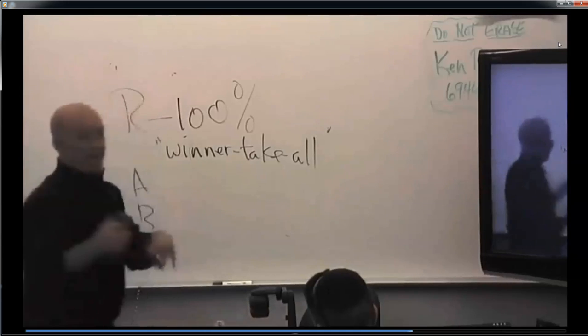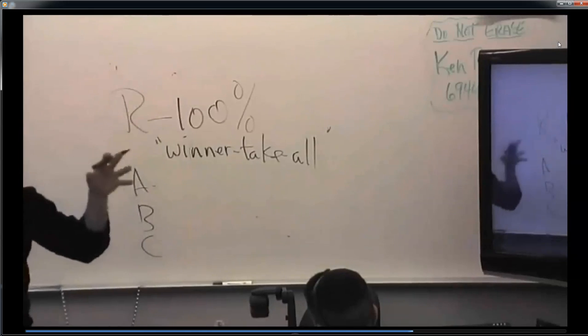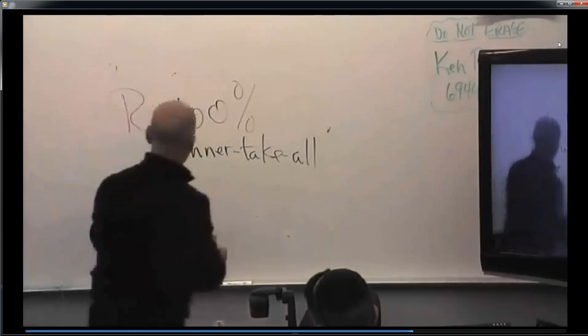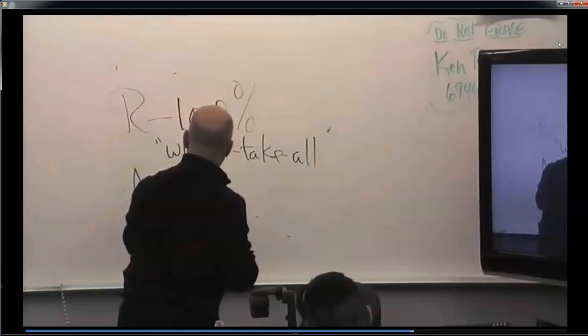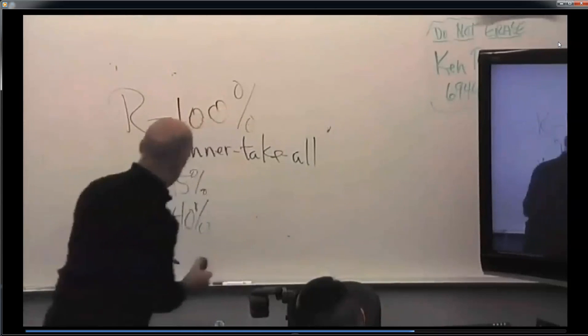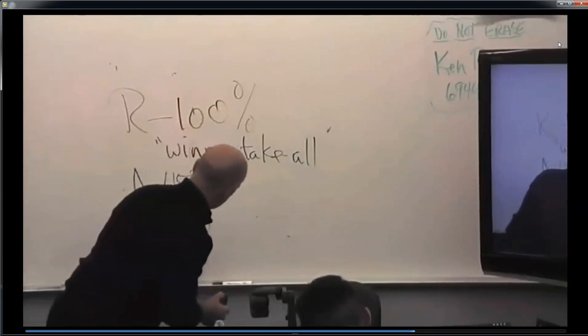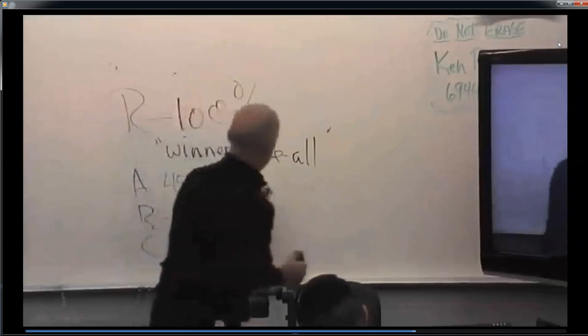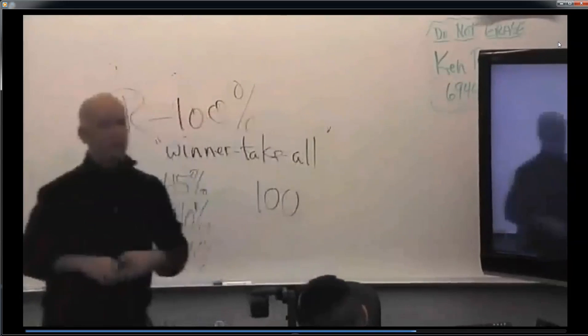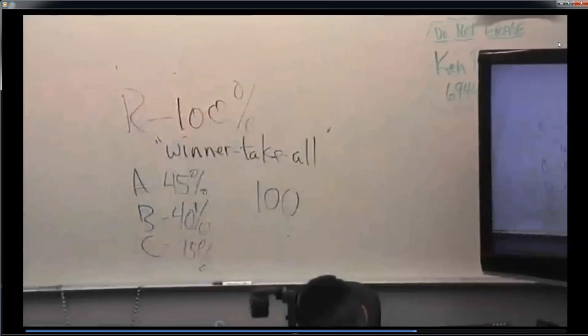And the votes are cast. Republicans go into their voting booths on primary day and they cast their ballot. And here's the way that it turns out. Candidate A gets 45%, candidate B gets 40% of the vote, and candidate C gets 15% of the vote. Okay? What is winner take all? And let's just say, I don't know what the actual number is, but let's say that there are 100 delegates from Texas, just to keep the numbers simple.